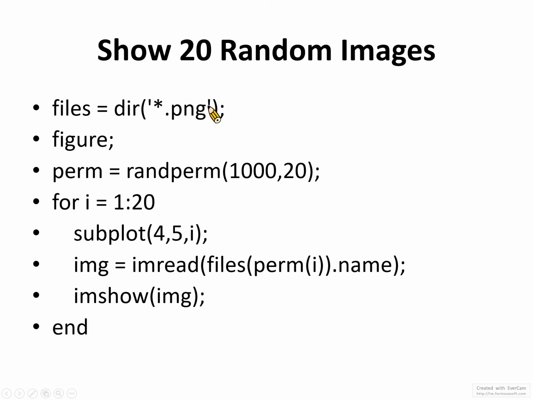For example, if you open the 0 folder, you can type files equals dir, which is an abbreviation for directory, then scan all the PNG files using a string with the extension .png and an asterisk to find all PNG files regardless of file name.